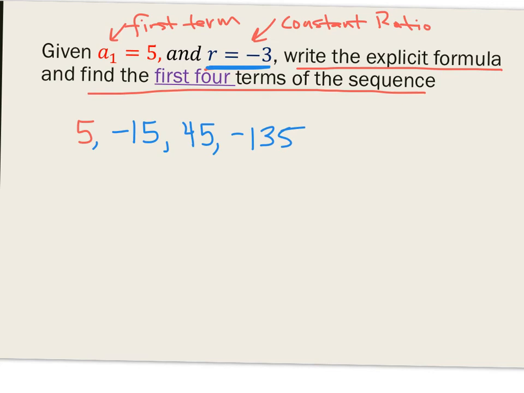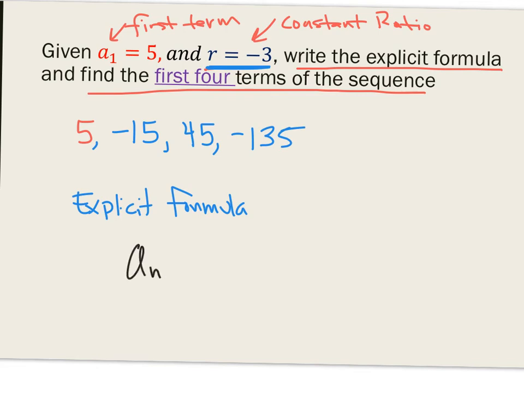And so from this information, we don't really need anything else to write our explicit formula, because we have our a sub 1 and we have our r. No one has told us what number of term we want to find, so we don't have to worry about that right now. And so our explicit formula is going to start with a sub n.